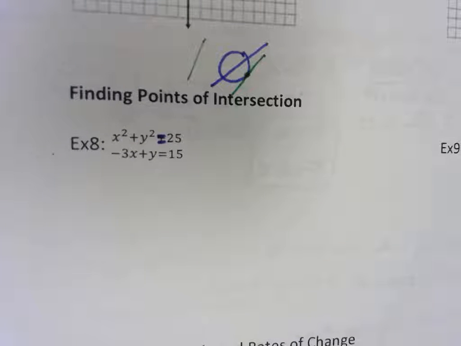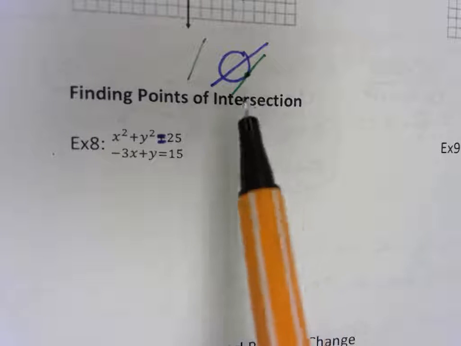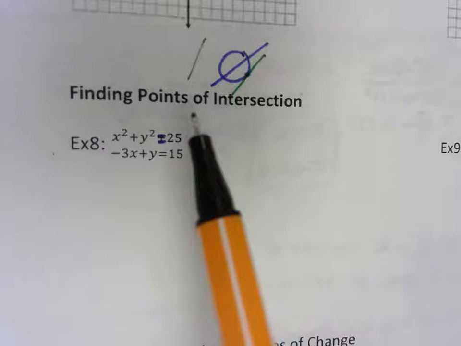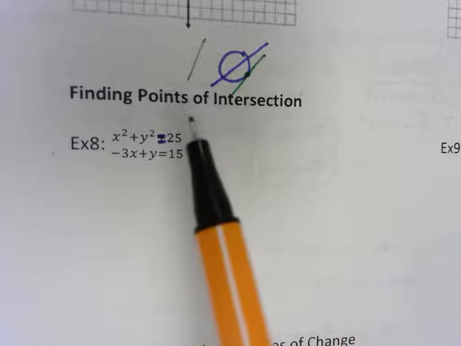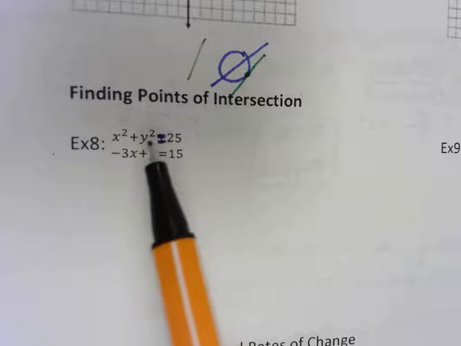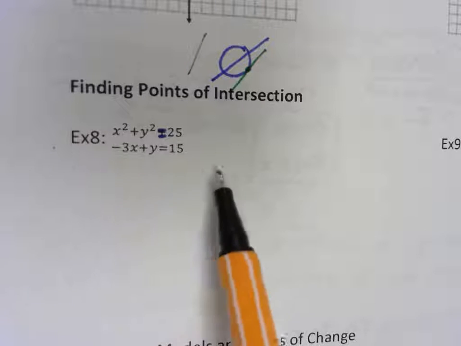So as I look at this, what am I basically trying to find? If you think back to Algebra 1, Algebra 2, Pre-Calc, you did all 3 of those. If I want to know where they intersect, I'm looking for the point where they intersect. I want to know the x and y value that work for both of these equations, that make them true.